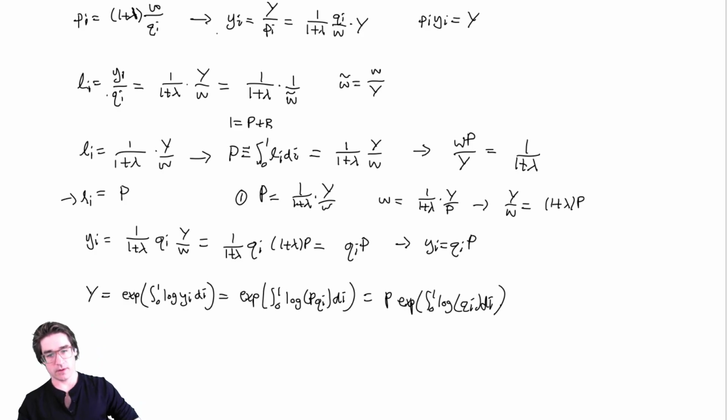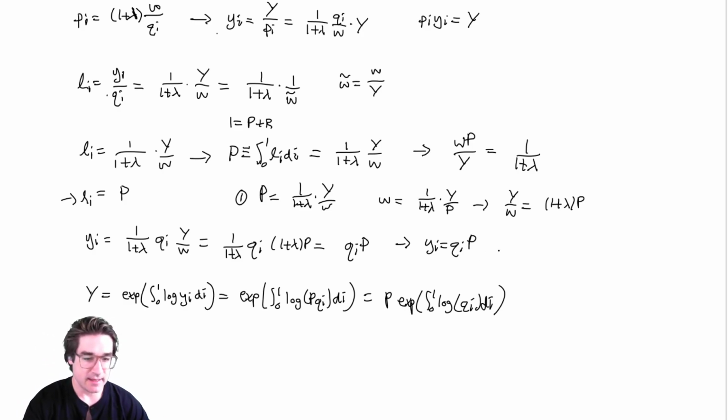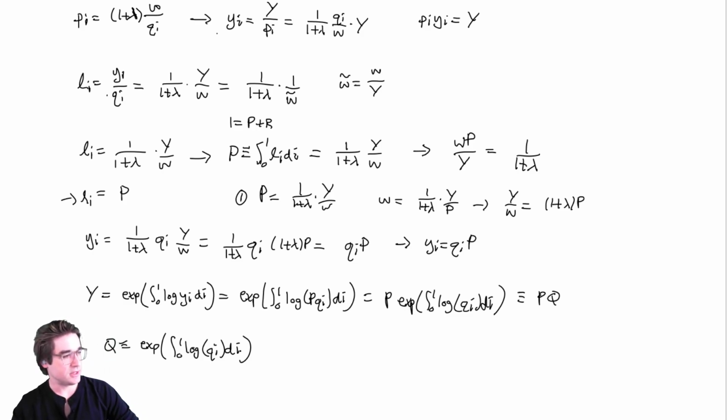So now we know output is equal to production labor times some function of all these Qi's. It turns out that's good enough. This thing here is our Q aggregation, and we're going to define it like this. So Q, definitionally, I'm defining it to be equal to this aggregation. It's just the log aggregation except with Q's instead of Y's.